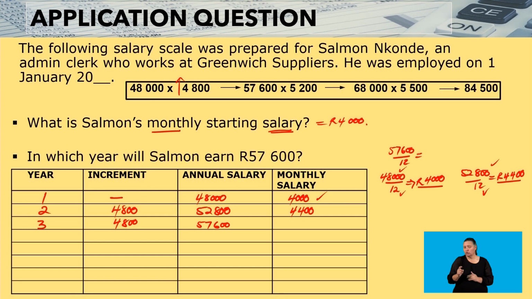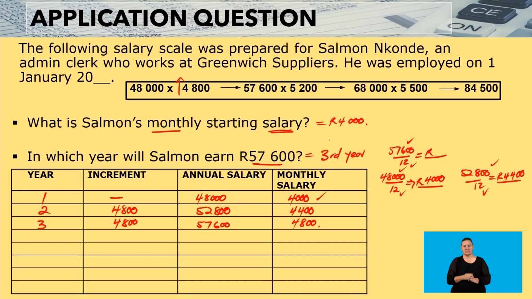If you punch in the calculator, that should give you 4,800. Thank you so much. In which year will Salmon earn 57,600? In the third year. That's when he will start earning that.